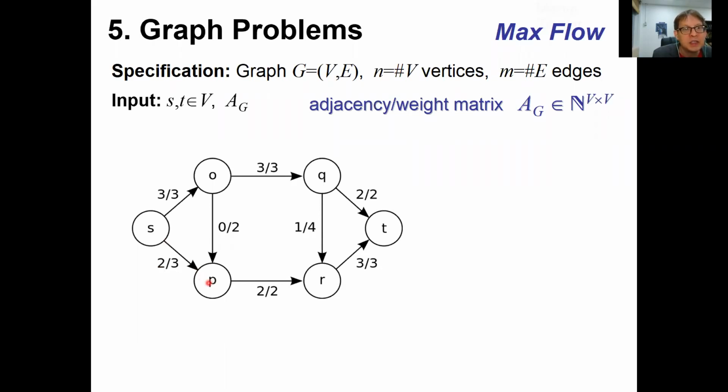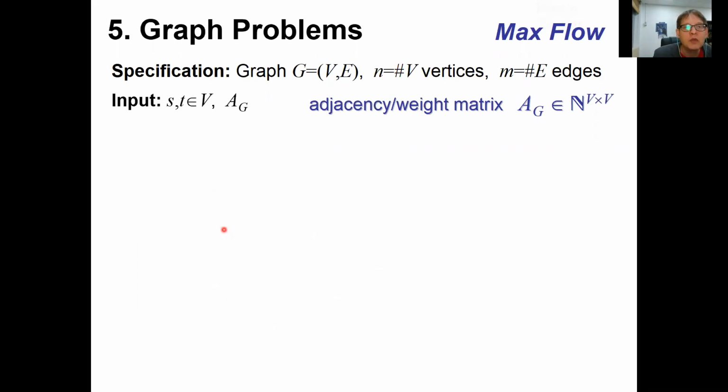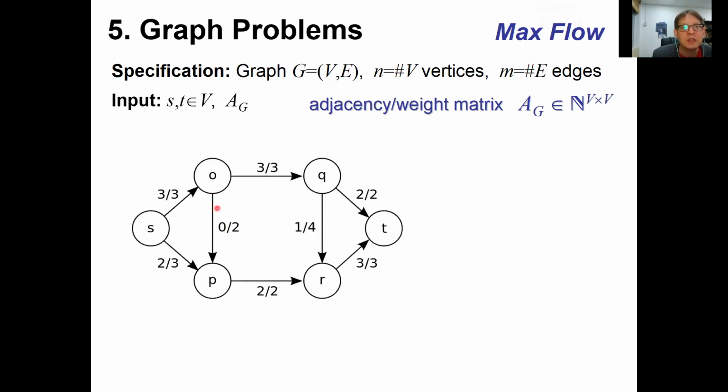So this is the interpretation of the first number. This pipe is currently unused, right? It can bear up to 2 liters, but here the first number is 0, which means that currently the pipe is not used. There's nothing running through the pipe. We could actually remove this pipe without changing anything in the flow.